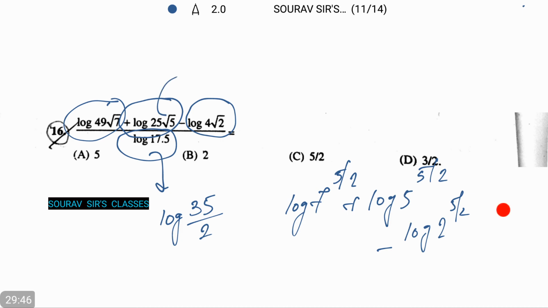If you play around with exponents, you will eventually get something to the power 5 by 2, right? This is 5 to the power 5 by 2.